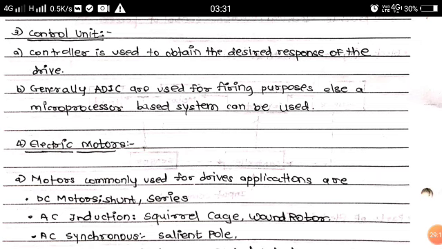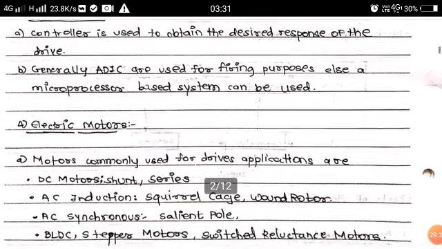So generally ADICs, analog or digital IC circuits, make up the control unit. So we have seen the function of the control unit. It handles low powers.